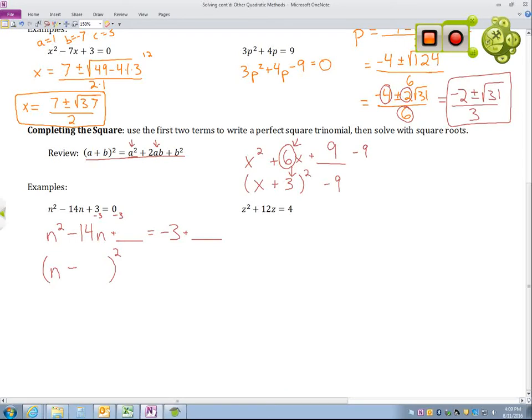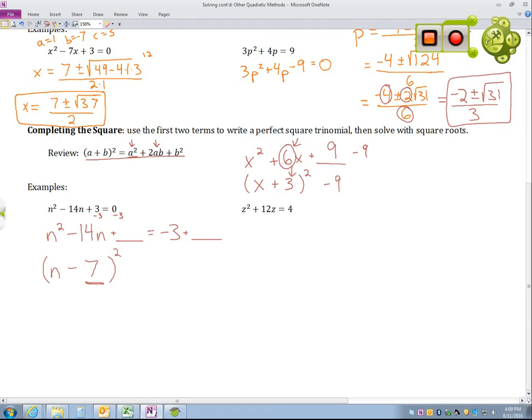And now the question is, what goes here? What goes here that would give me a 14 as my middle term? And like we said before, it's going to be half of that, so that means a 7, okay? Now, n minus 7 squared is not n squared minus 14n. It's n squared minus 14n plus what?